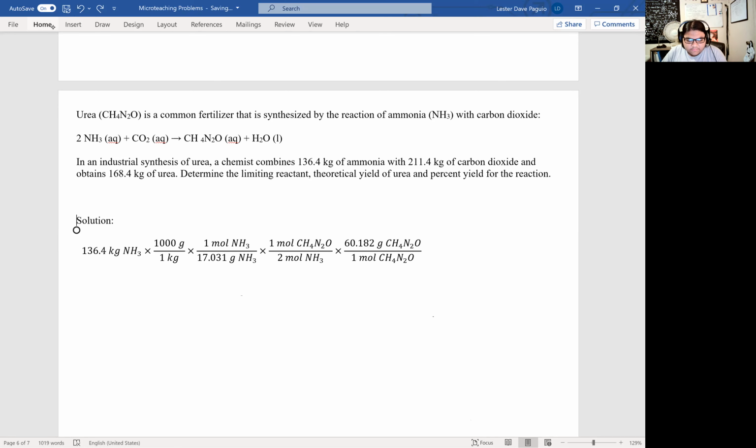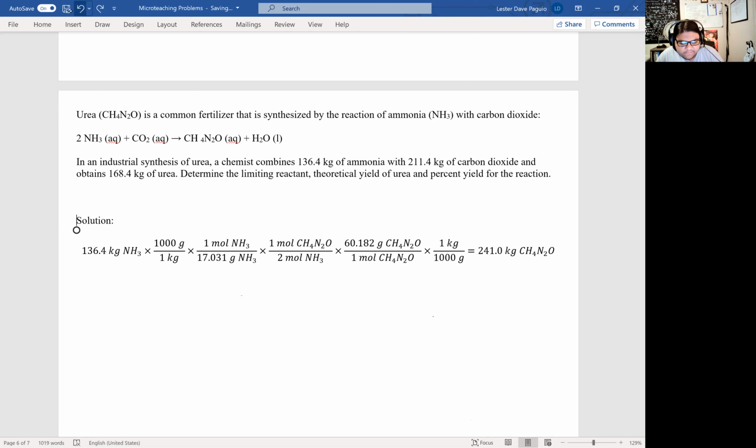So for 1 mole of urea, we would have 60.182 grams of urea. And now we would need to convert it from grams to kilograms, because that's what we want. So for 1 kilogram, we would have 1,000 grams. And the result would be 241.0 kilograms of urea by plugging in the calculator.